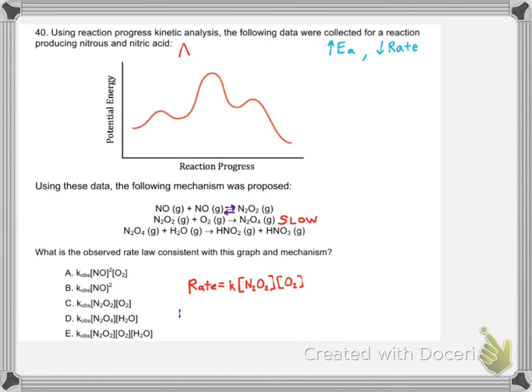Rate is equal to some constant, I'm going to say Kf for forward, times NO squared. And that's going to equal the reverse rate constant, Kr, times N2O2.